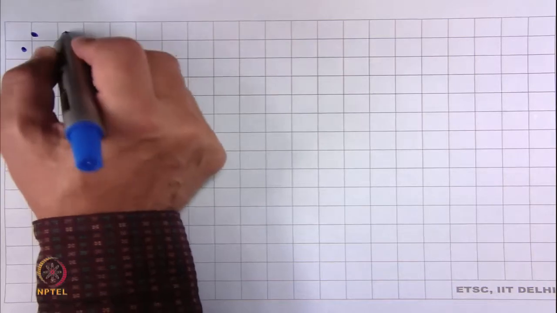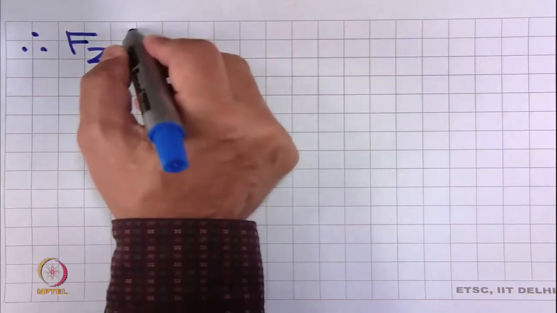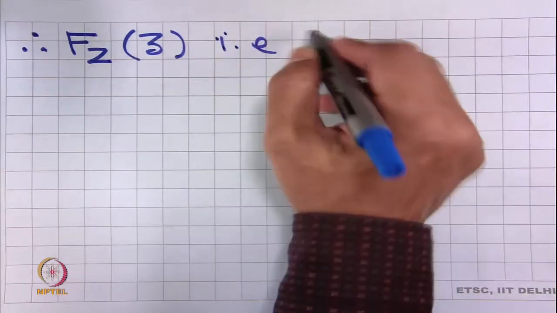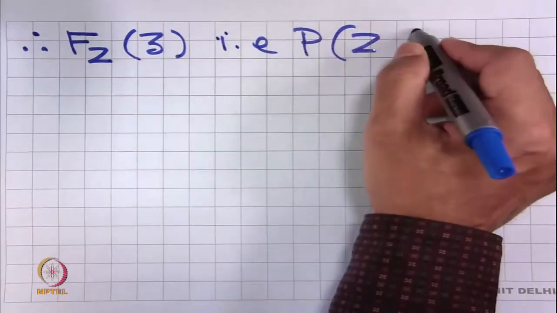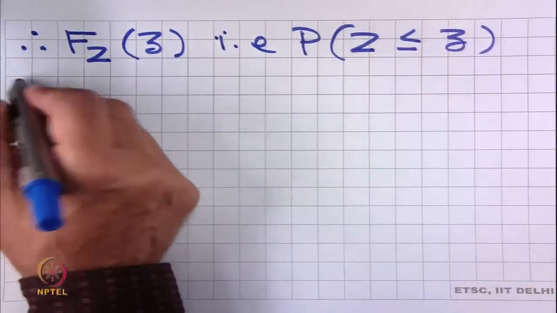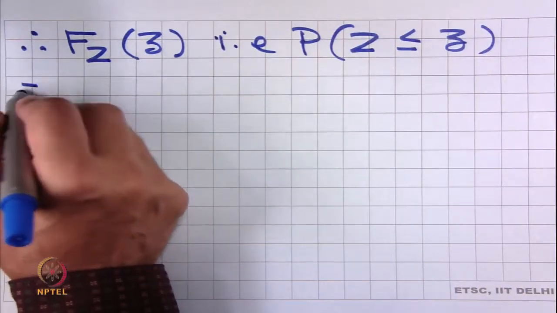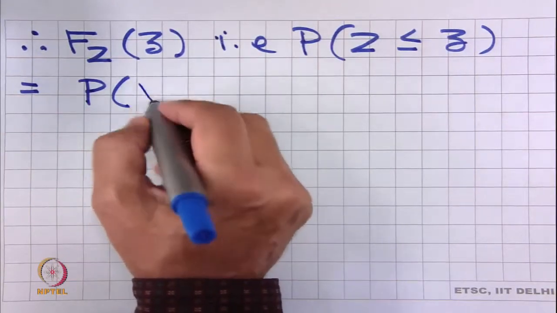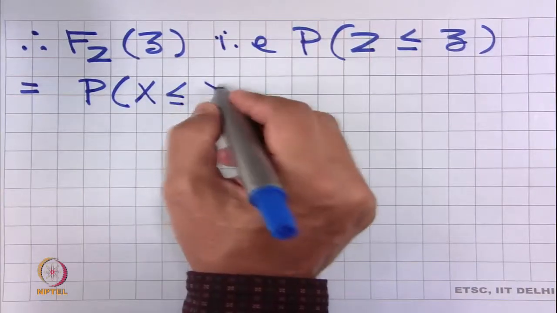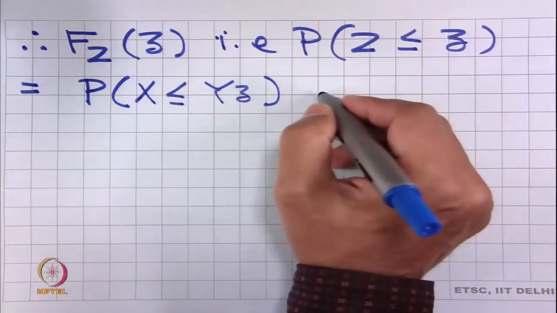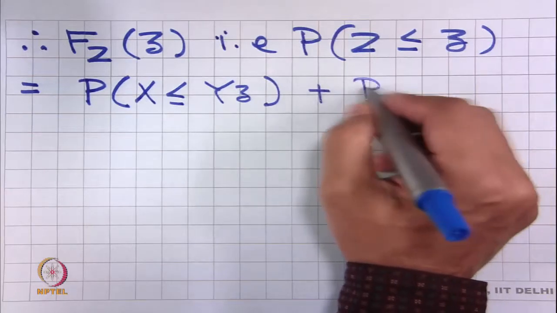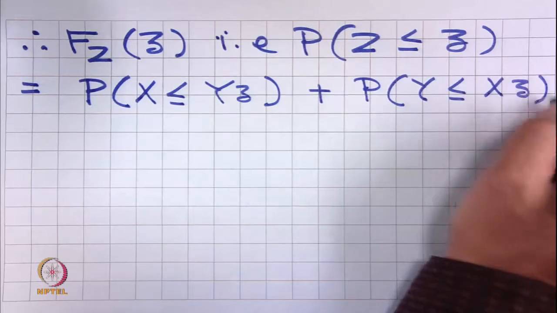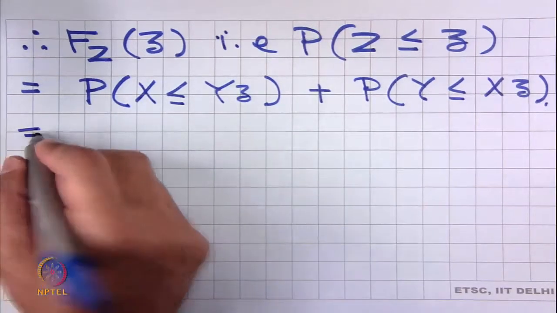Therefore, F z at z, that is probability Z less than or equal to z, is equal to probability x less than or equal to y z plus probability y less than or equal to x z.